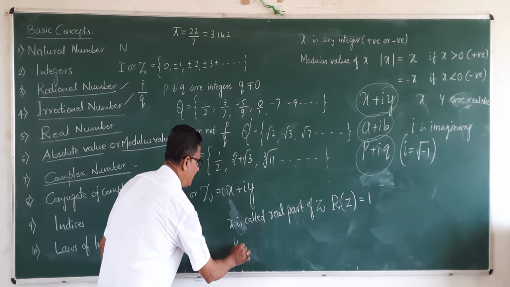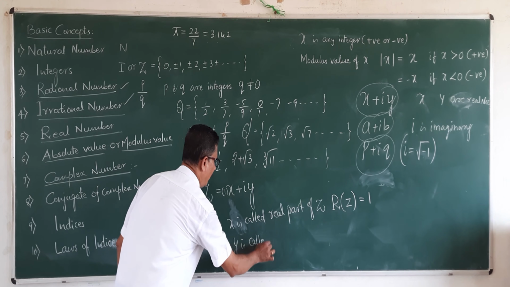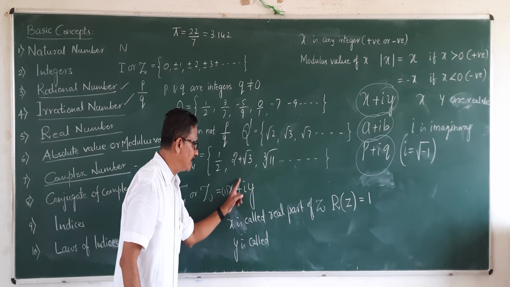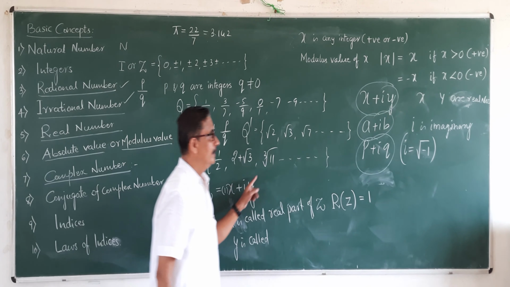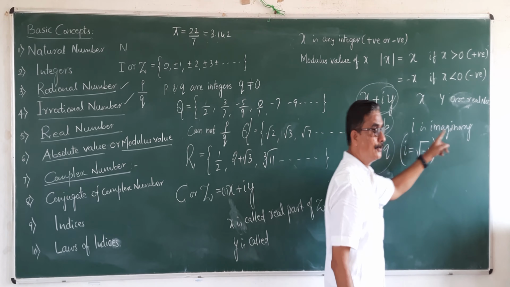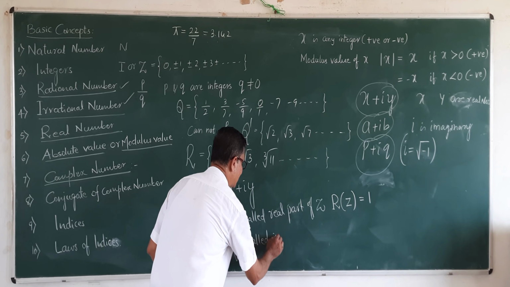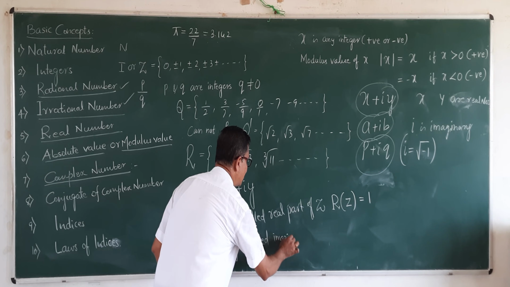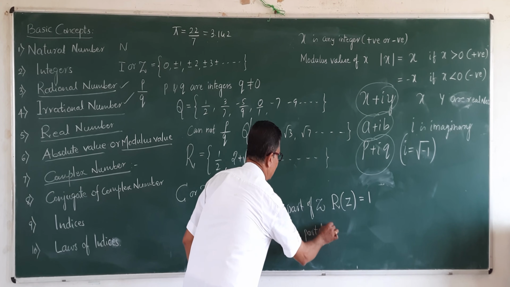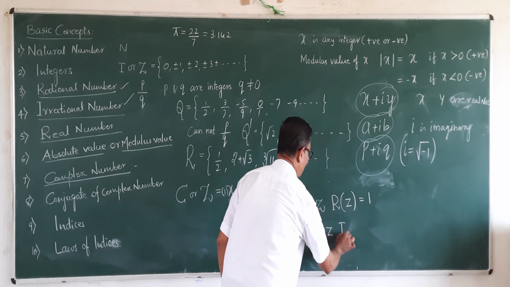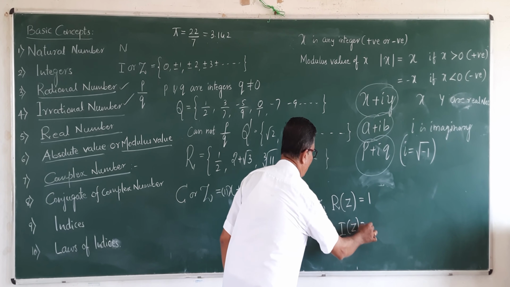And y is called, let us see, the coefficient of y here is i. What does i mean? Imaginary. Right? So here y is called imaginary part of complex number z denoted by I of z.